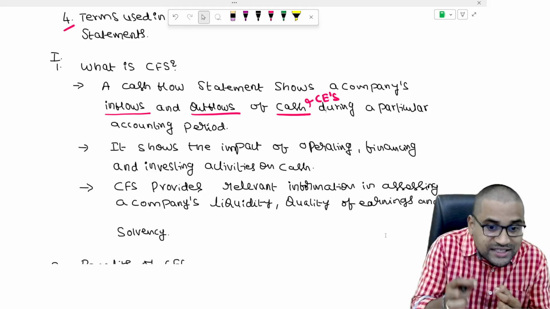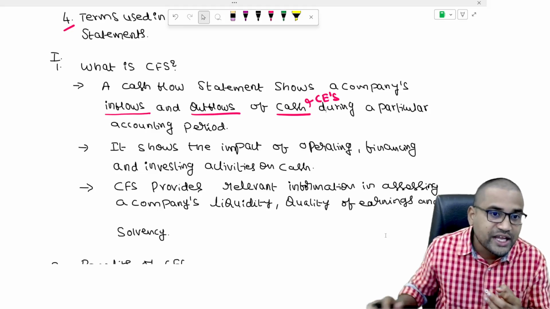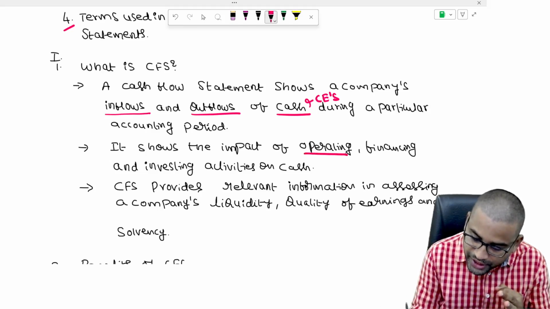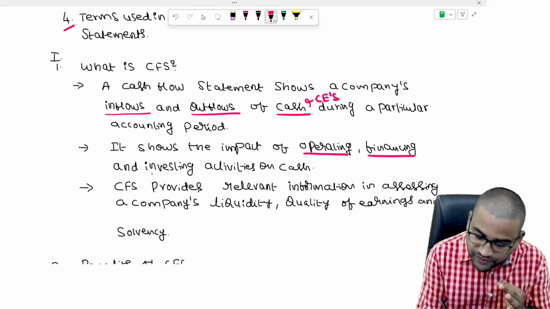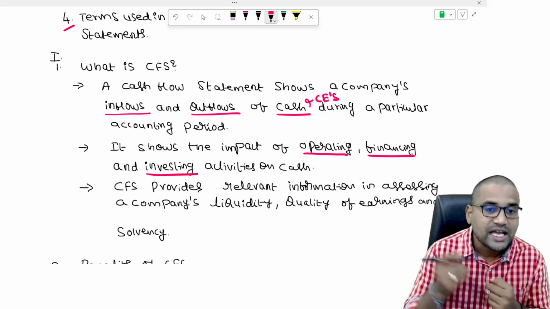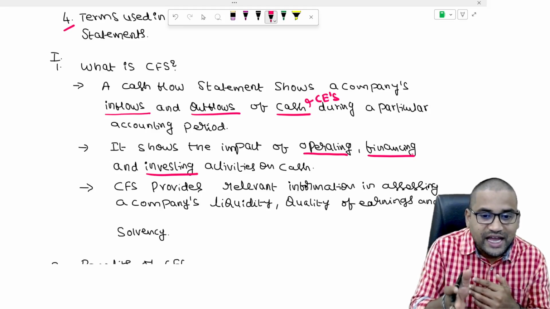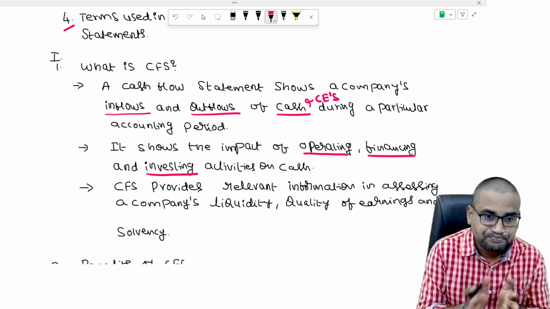So AS 3 has classified the cash activities into three categories: operating activities, investing activities, and financing activities.